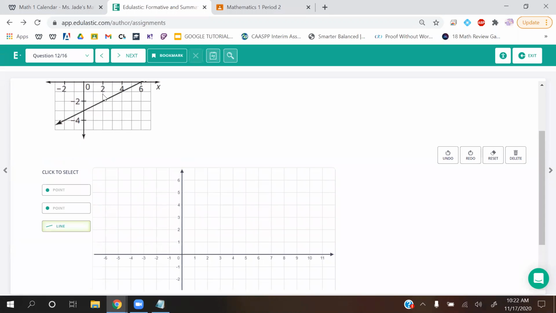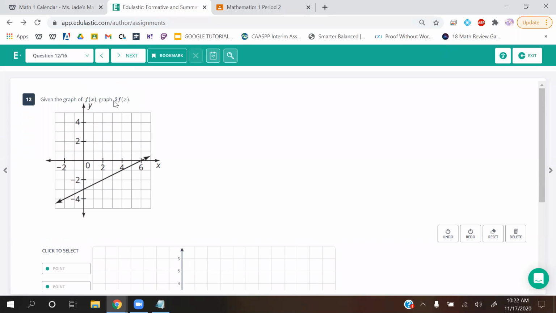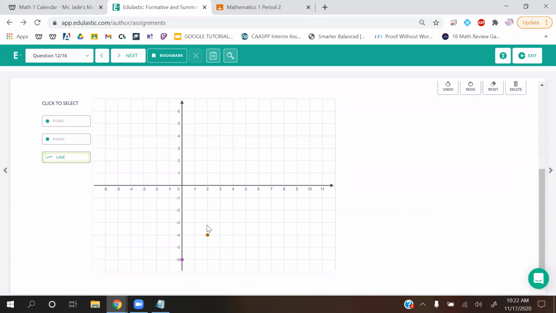We keep the original x value at 2, but we multiplied the y value by our scale factor. So we multiply this by this, and that gives us -4. Then you can connect it with a line. There we go. Any questions on this one?